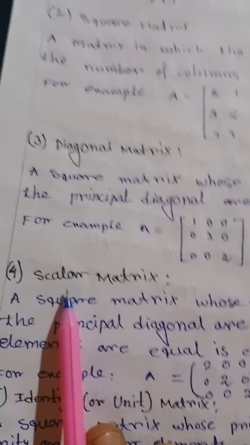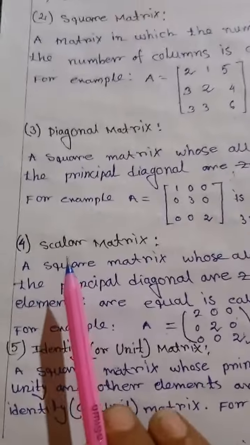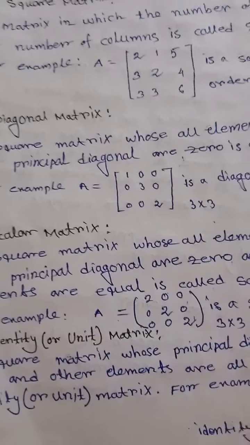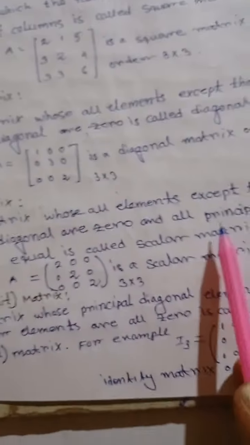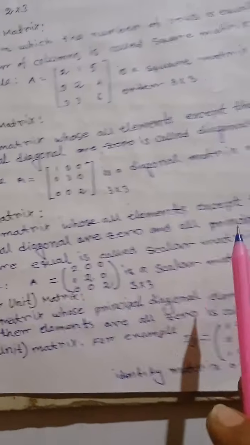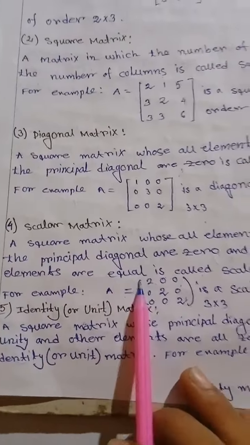Fourth type of matrix, definition of scalar matrix.